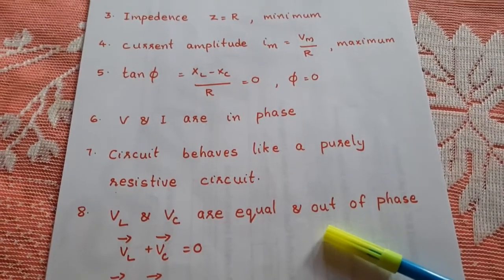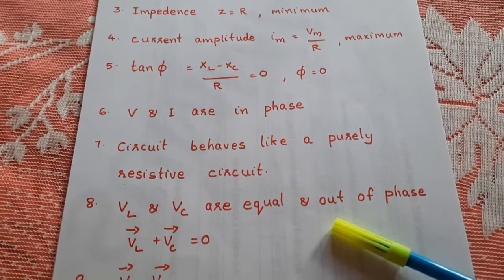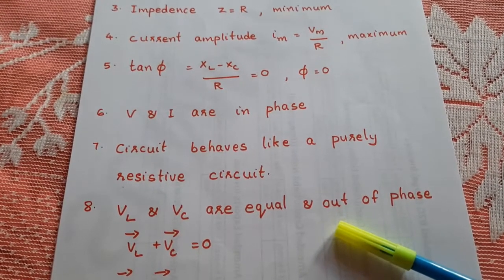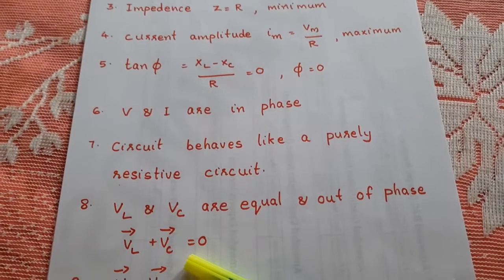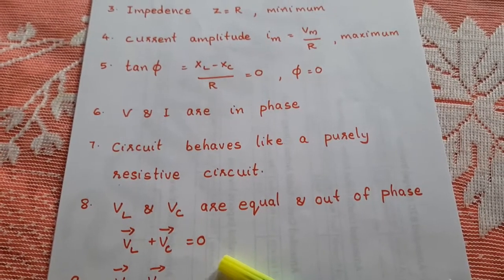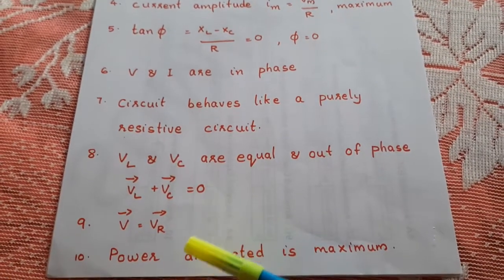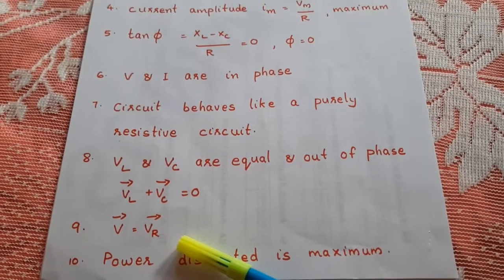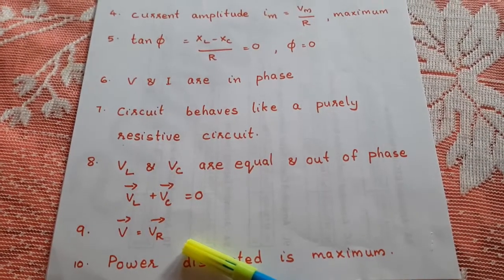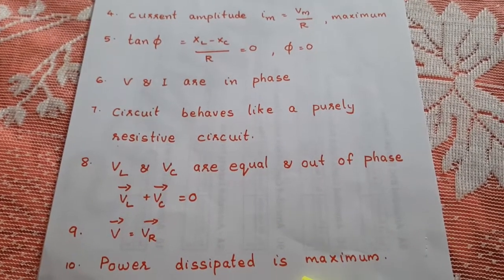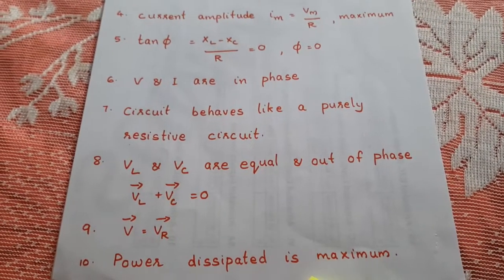Voltage across inductor and capacitor are equal and out of phase. So the vector sum of the two voltages VL and VC is 0. So the effective voltage V is equal to voltage across the resistor, and the power dissipated in the circuit is maximum.